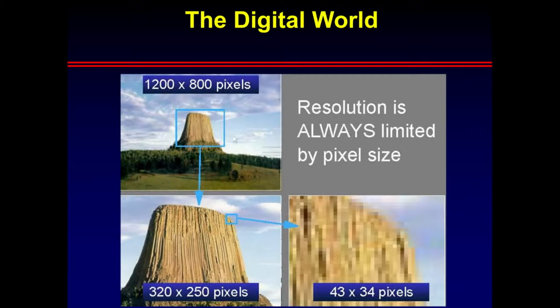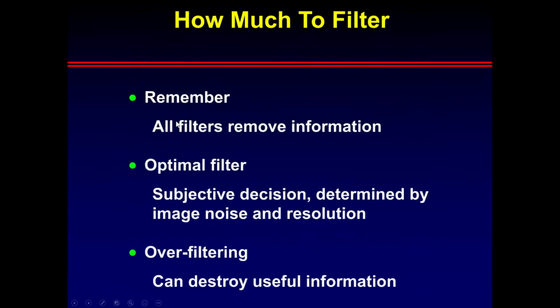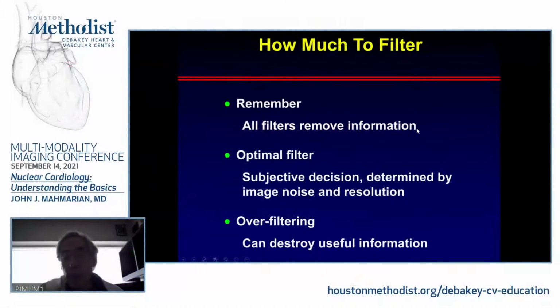Okay. So remember that all filters remove information. If we take out high frequency, we're going to lose information. So we have to find an optimal filter, and the optimal filter is going to be determined by the amount of noise that we can or cannot keep, and the amount of resolution that we want.